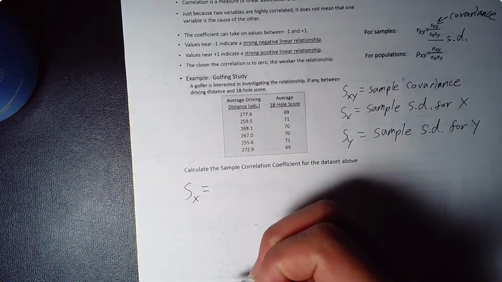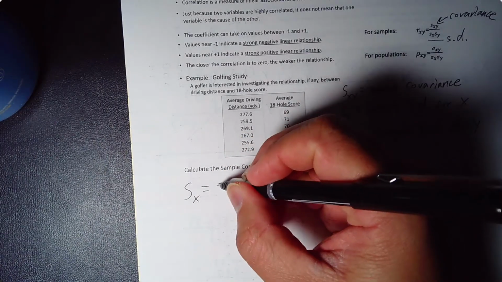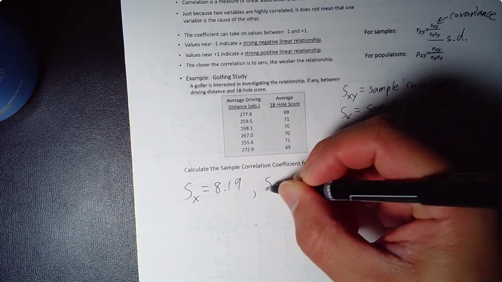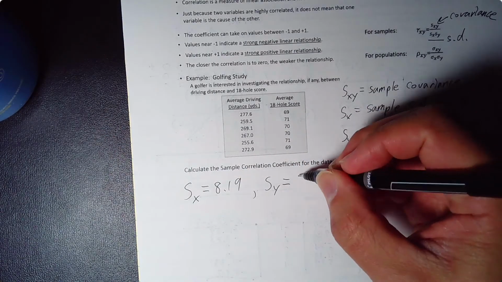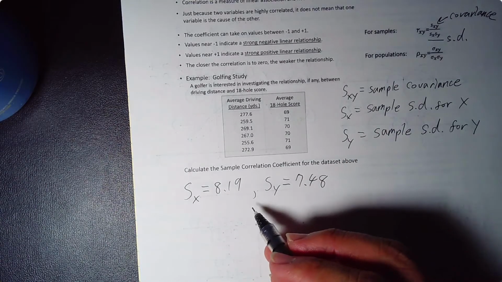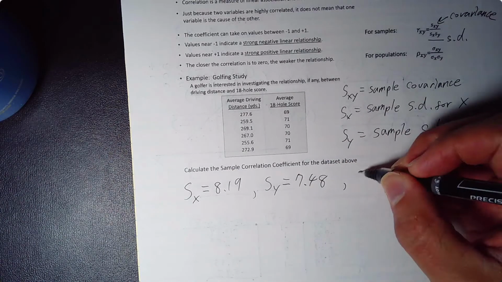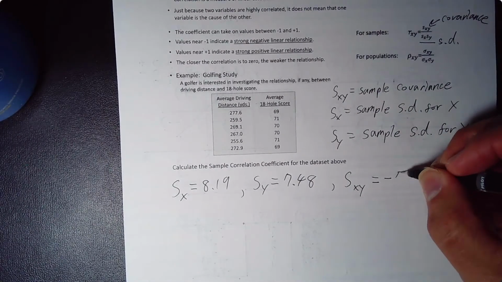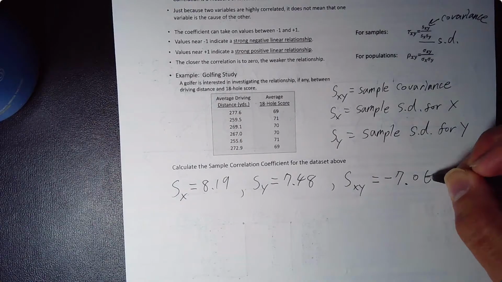So the sample standard deviation of x is 8.19, and the sample standard deviation of y is 7.48. Again, you have to calculate these on the side. And S of xy, we calculated earlier on the previous page, is negative 7.06.